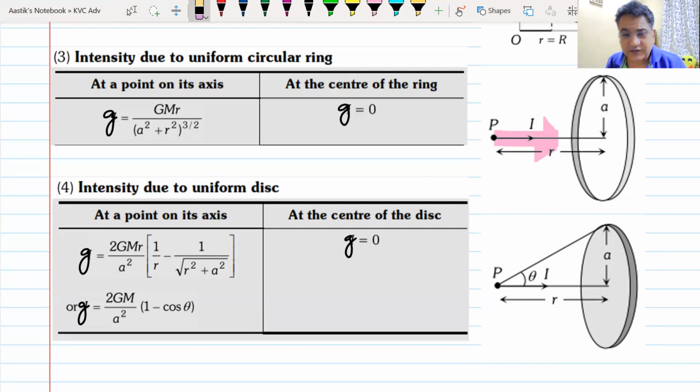Remember, outside the sphere, they are all acting as point masses, and those are the questions which are more likely to come. Have you noted this down?